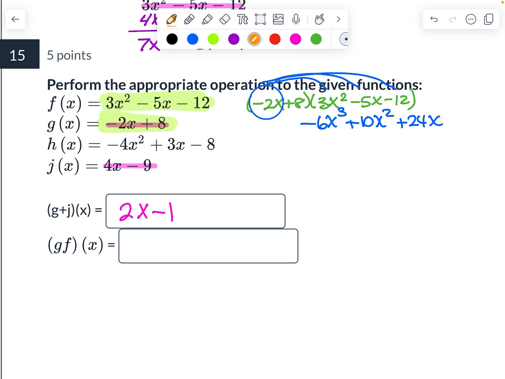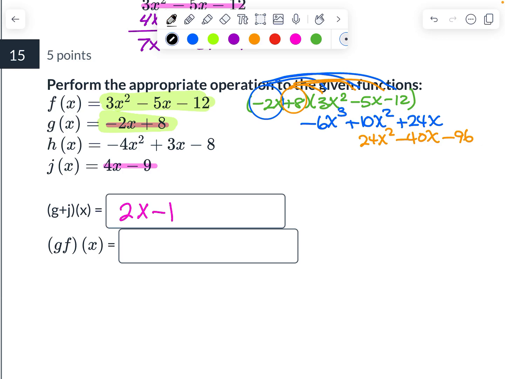And then you're going to take your 8, and we're going to multiply each of these numbers by 8. So that's going to give us 24x to the power of 2 minus 40x minus 96.